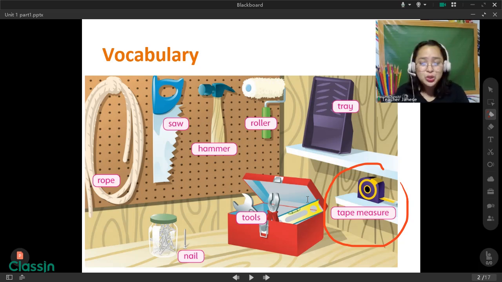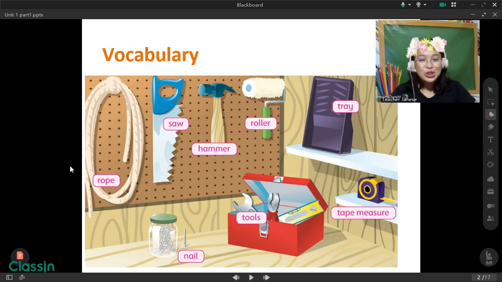It is used if you want to measure wood or other lengths, or if you want to sew clothes and you want to measure, you use the tape measure.